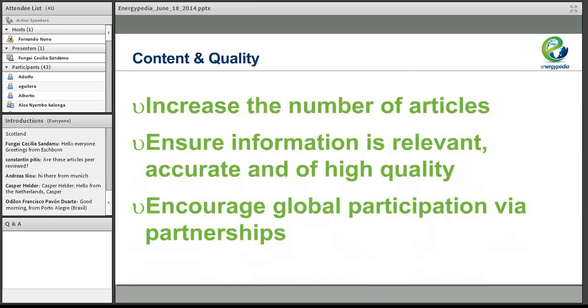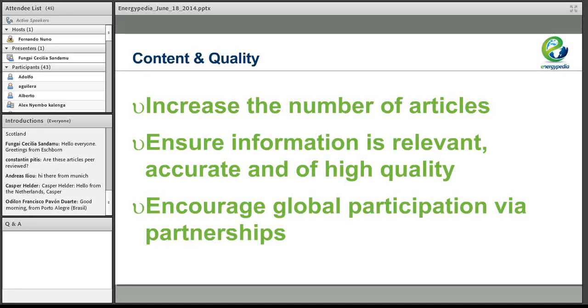So in terms of content and quality, although the collection of the content is large on Energypedia, there is much work for us to do in improving these articles, many of which are incomplete and inaccurate. So it's pertinent. Global participation is actually key to the diversity of information and completeness of information on the platform.